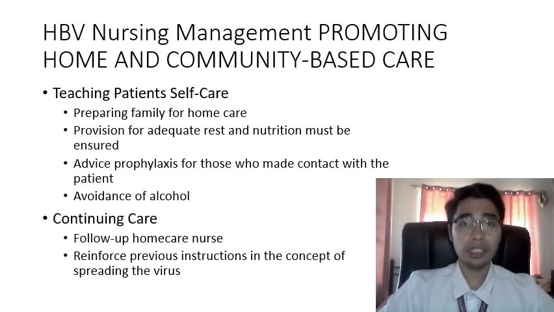It gives us the opportunity to teach the family the importance of adequate rest and nutrition for their loved one who is infected with HBV.